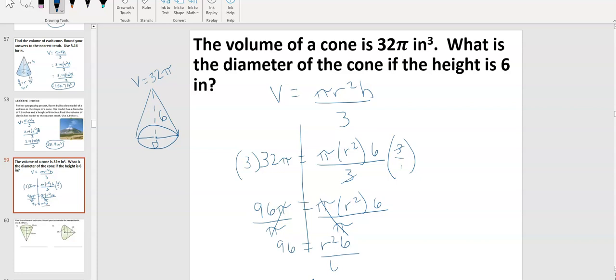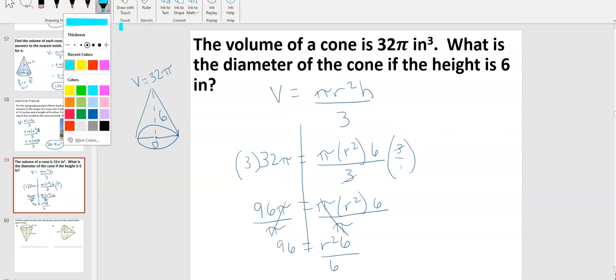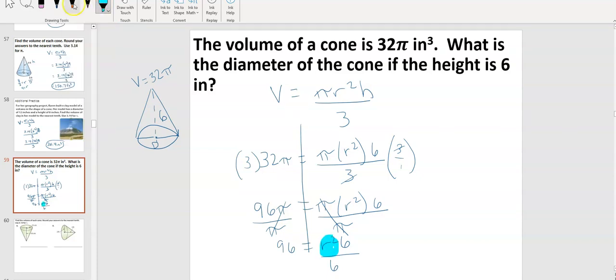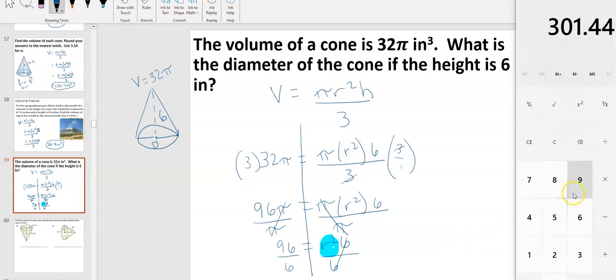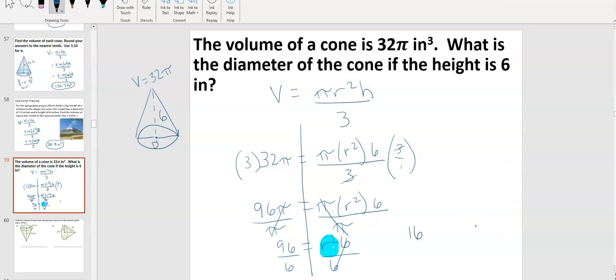Now I'm going to divide by 6 because, again, the thing I'm trying to get to is r. So I want to get rid of whatever's next to r, and whatever I do to this side, I have to do to that side. So 96 divided by 6, I'm going to use my calculator for this one. 96 divided by 6 is going to get me 16. So I'm going to have 16 equals r squared.